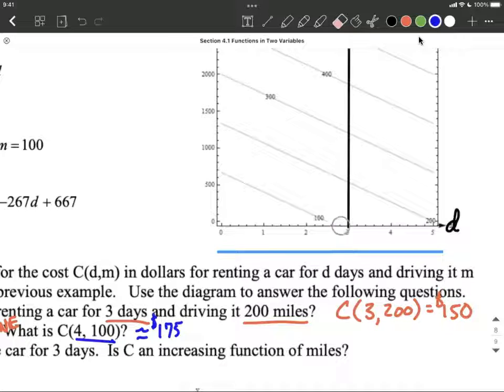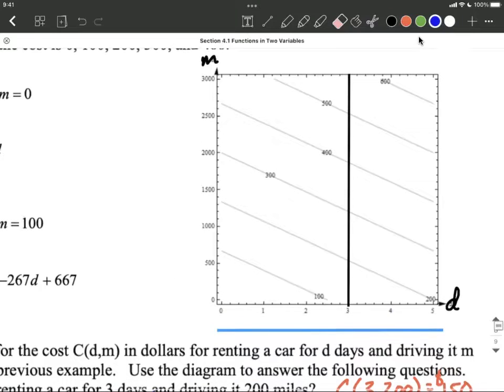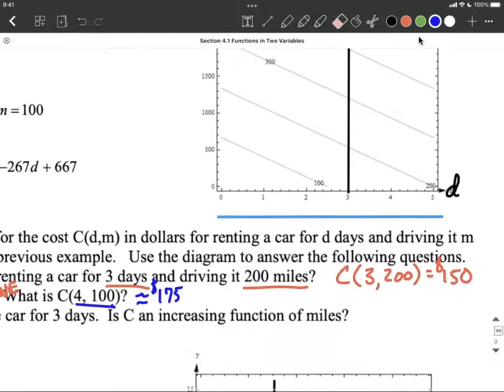As we travel up this direction, right along our 3 days, we are somewhere in between 100 and 200, but as we increase, we go to 200, keeps going up, we get to the 300 contour line, then the 400, and if we continued up here, you'll see it goes to 5 and 6. So we'd say, yeah, this is increasing the cost as our number of miles increases as we move up this line.